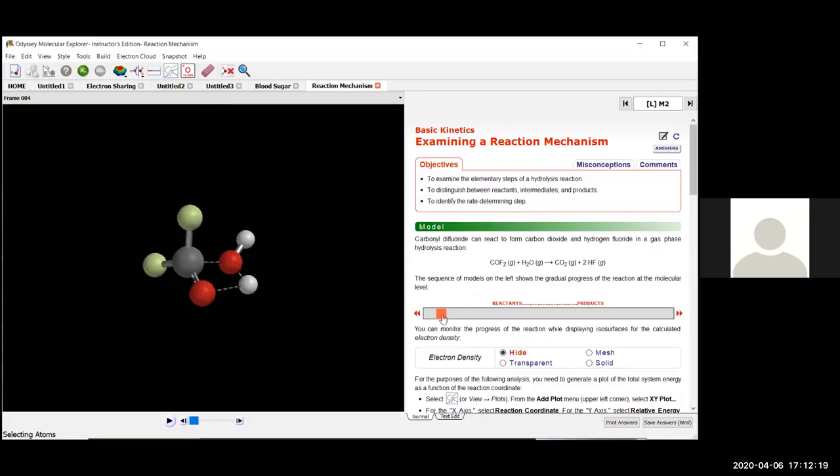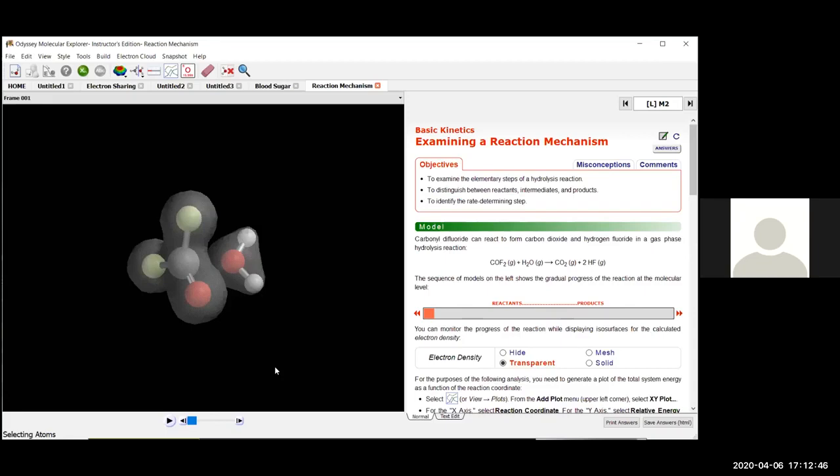If I scroll through here, all this was calculated with Spartan. So if you have Spartan, you can, in principle, calculate the sequence. There's really a learning curve, though. You have to know the program very well to do this, because you have to define exactly the right reaction coordinate and so on. But if you do that, it's generated with Spartan. Spartan was the authoring tool for it.